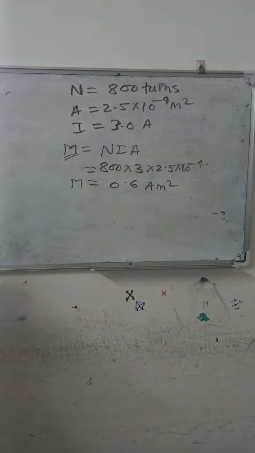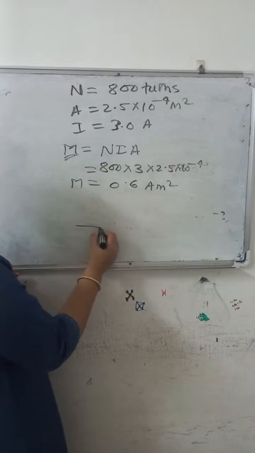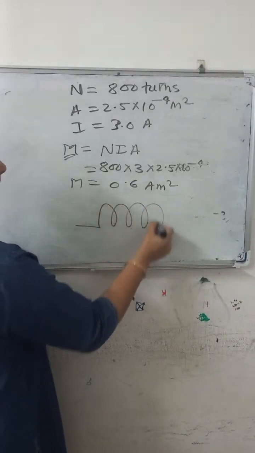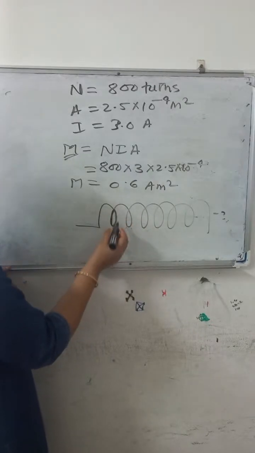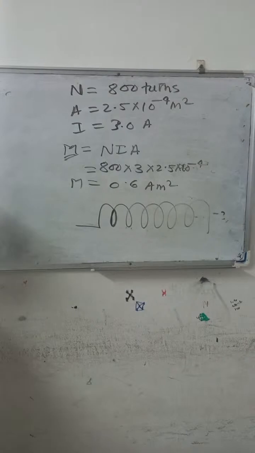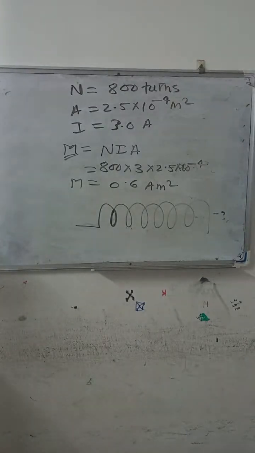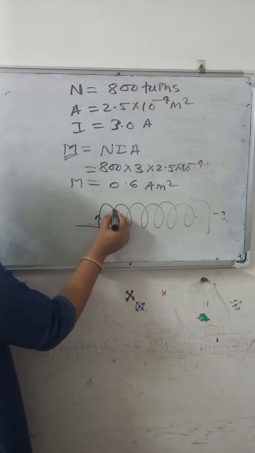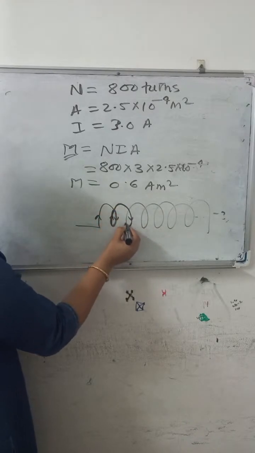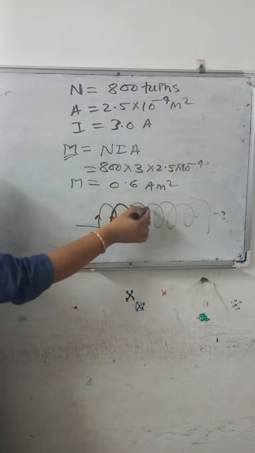Okay, so explain the sense in which the solenoid acts like a bar magnet. If you take a solenoid, and take a smaller area, this is one kind of loop. Current enters here and comes out, and again enters into the second loop and goes into the next loop.